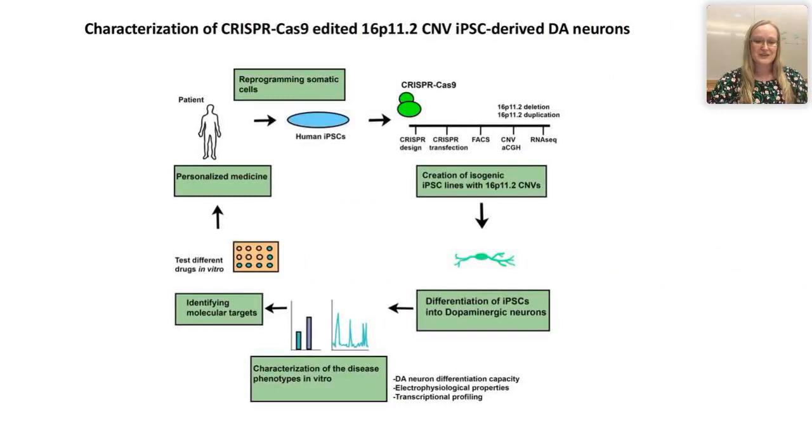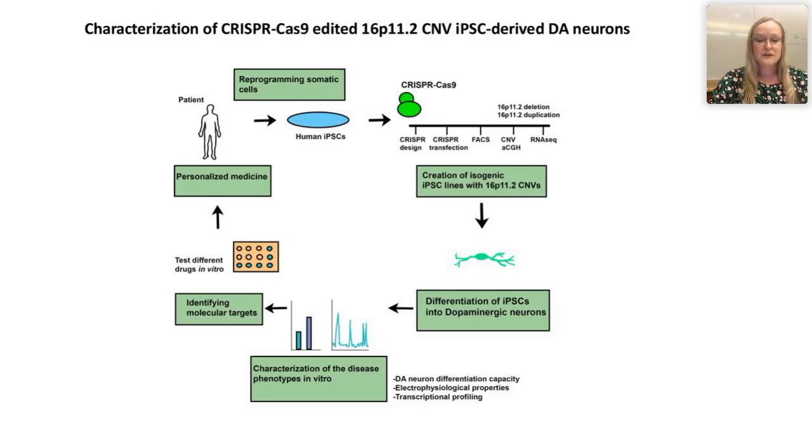Here is the outline of our study. First, we have human iPS cells in culture. Then we used the CRISPR-Cas9 gene editing method to generate isogenic control lines and lines that carry the 16p11.2 deletion or 16p11.2 duplication.